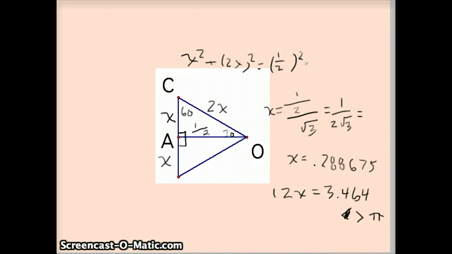And if you run that through, you will end up with the same answer for x. You'll get x equals 0.288675, and again, we get our first approximation for pi to be 3.464. And this is a pretty good approximation, but I'm going to show you how Archimedes is then going to do something very clever to get a much better approximation.